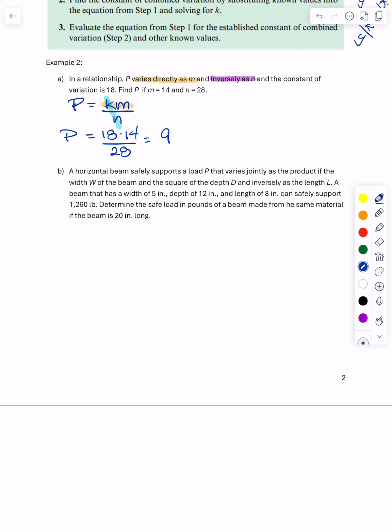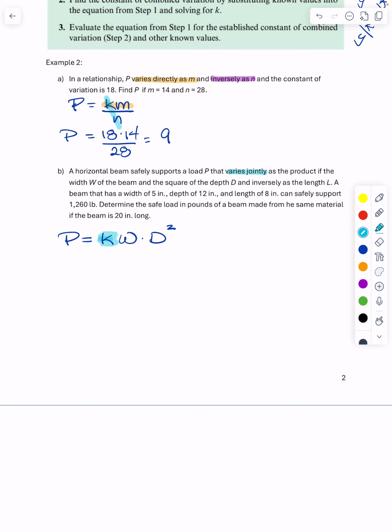Horizontal beam safety supports a load P that varies jointly as the product of the width W and the square of the depth D. So P varies jointly. Remember, our joint was with a direct. W times D squared. Varies jointly.